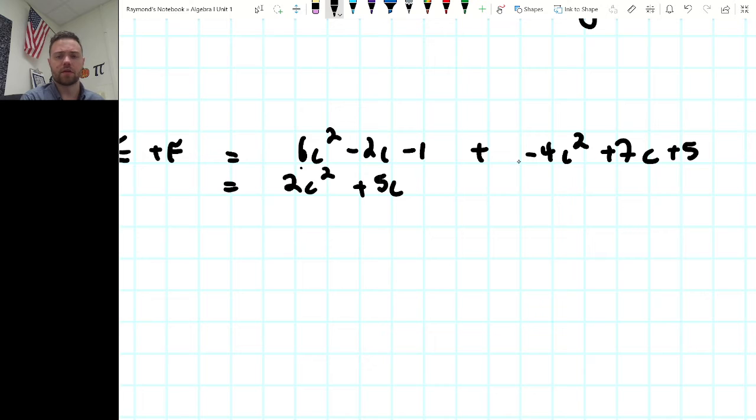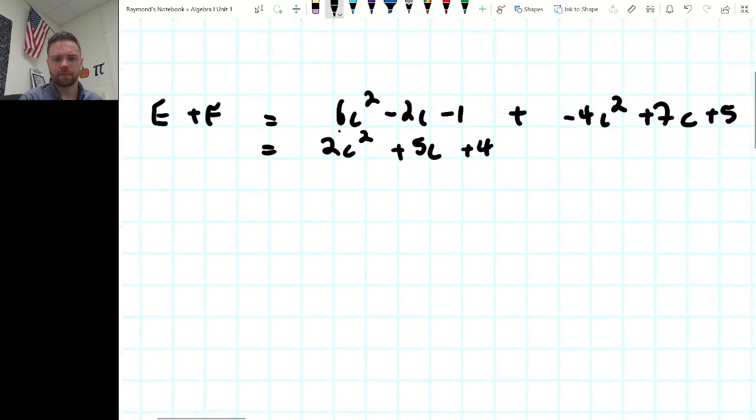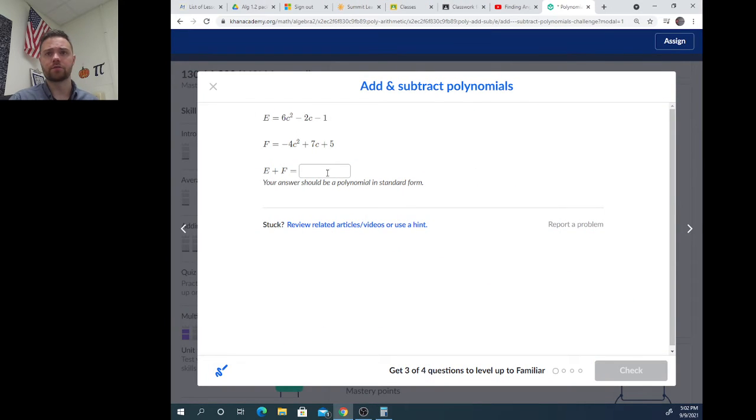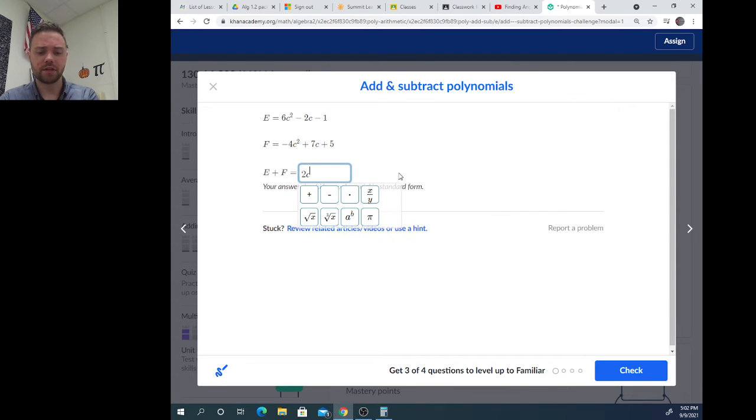If you use a calculator and add negative 2 plus 7, you're going to get 5c. And then negative 1 plus 5 is going to be 4. And that's it. That's all you have to do for adding and subtracting polynomials when you see an addition sign. It just gets a little harder from here because of the wording.